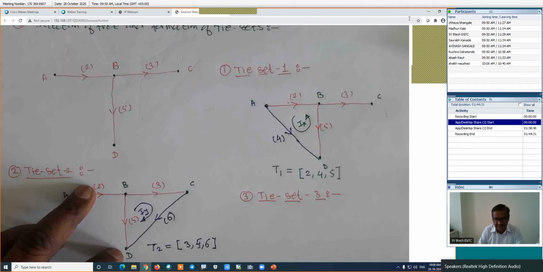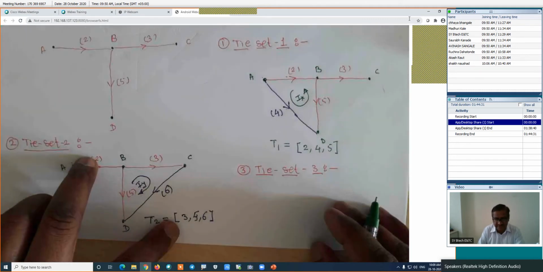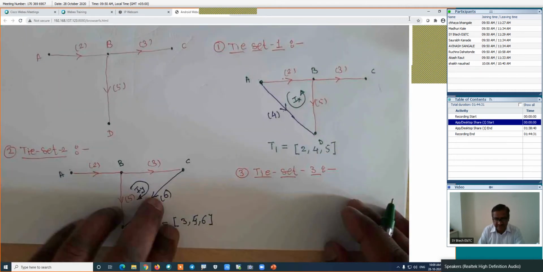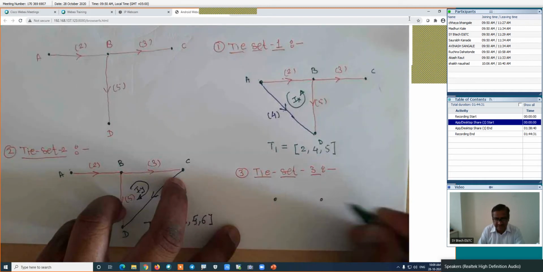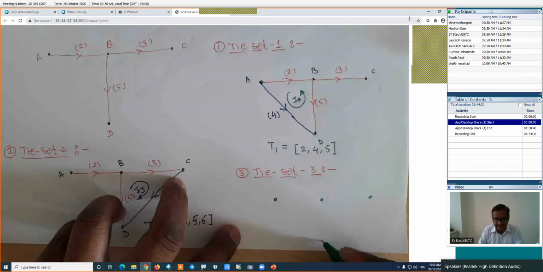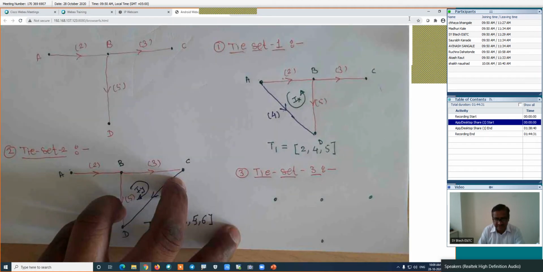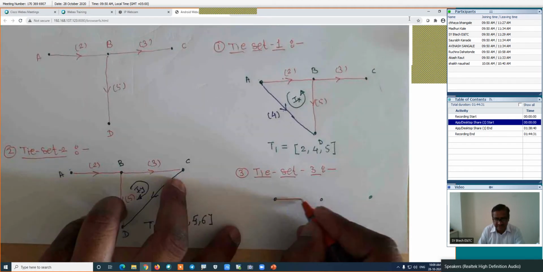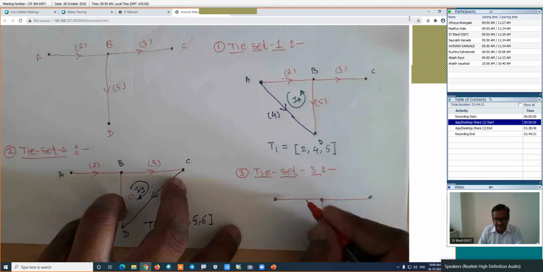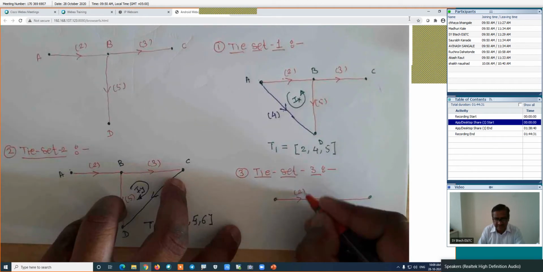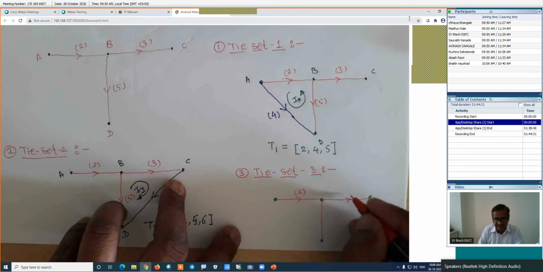In this case, if I draw this figure something like this, this is node A, this is B, this is node C, and this will be node D. This is one tree branch, second tree branch, and third tree branch. This is branch number 2, forward. This is branch number 3, again forward.